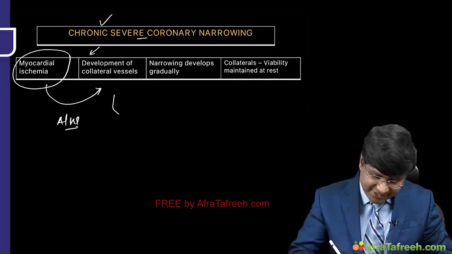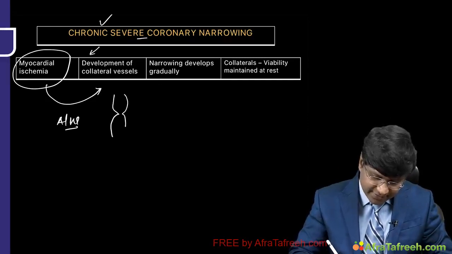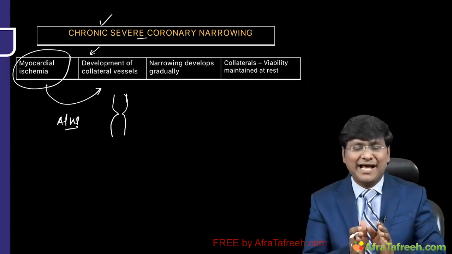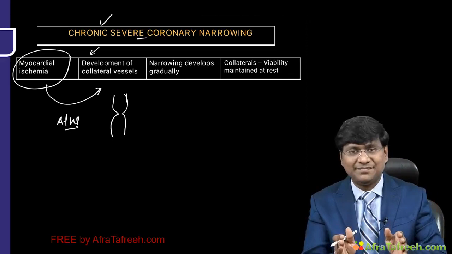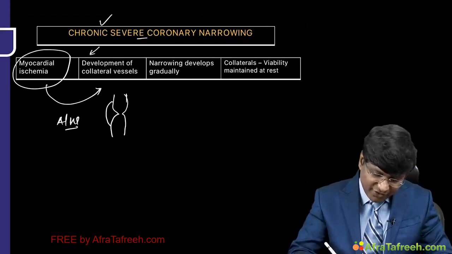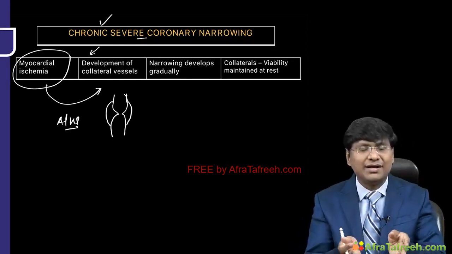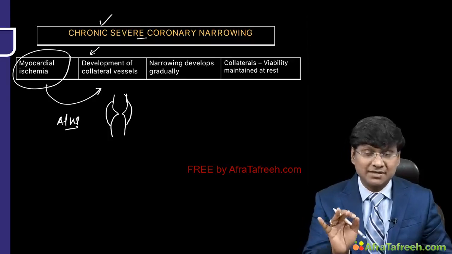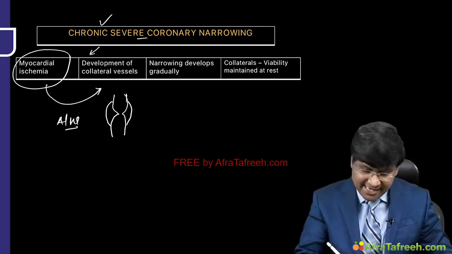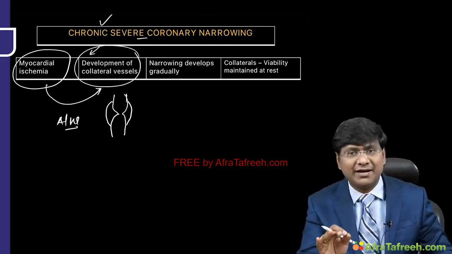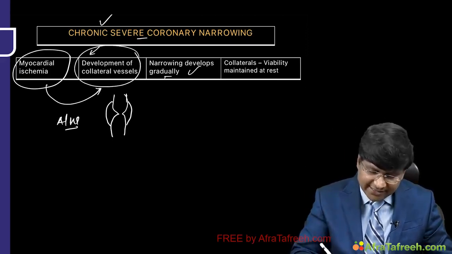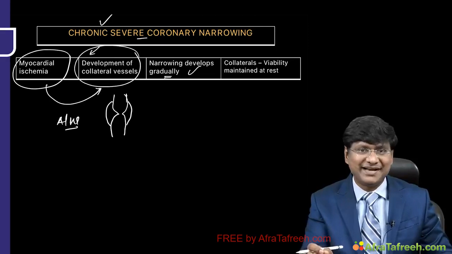So let us assume this is the area where there is narrowing because of the atherosclerosis, and if this narrowing and the ischemia develop gradually, there will be development of the collaterals around that obstructed area. The collaterals will develop only when there is chronic severe narrowing, especially when the narrowing occurs gradually.